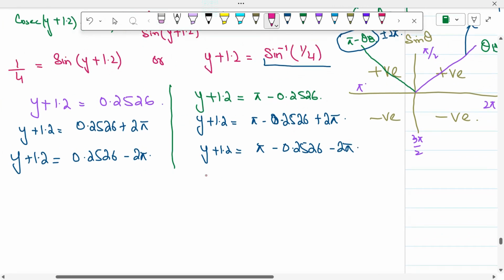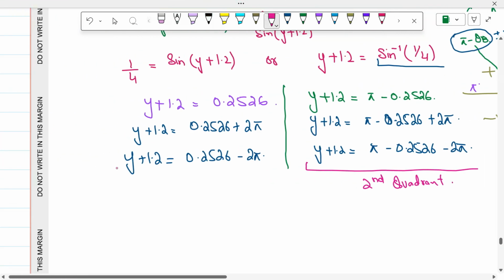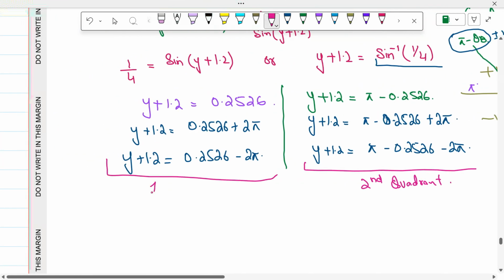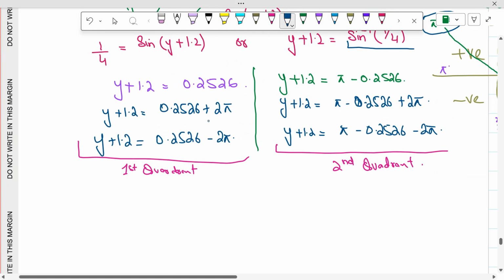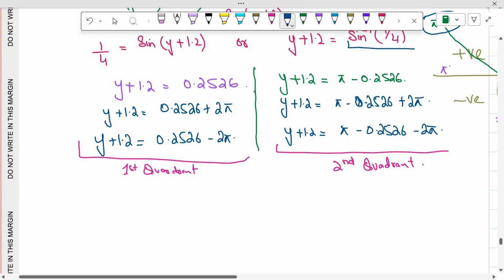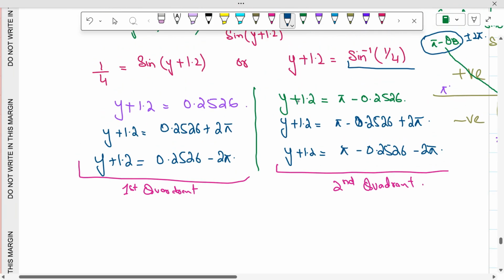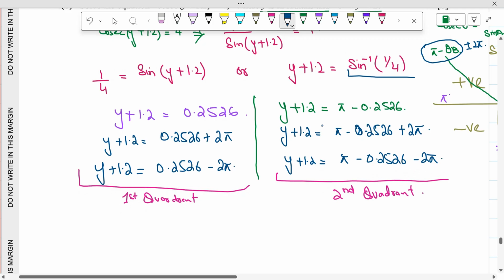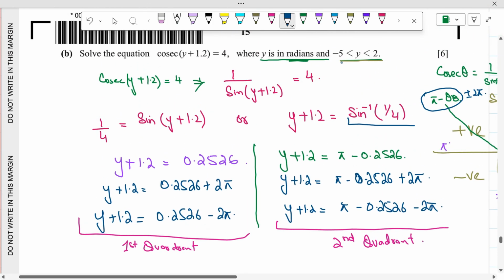These are the angles in the second quadrant, and these are the angles in the first quadrant. So we have 6 equations, and we will find the value of y for each equation, and we will consider those values of y which satisfy the given range.